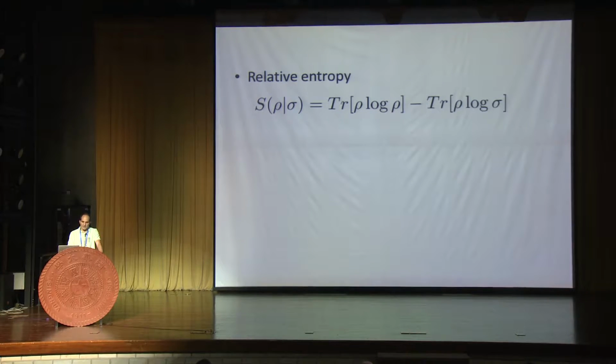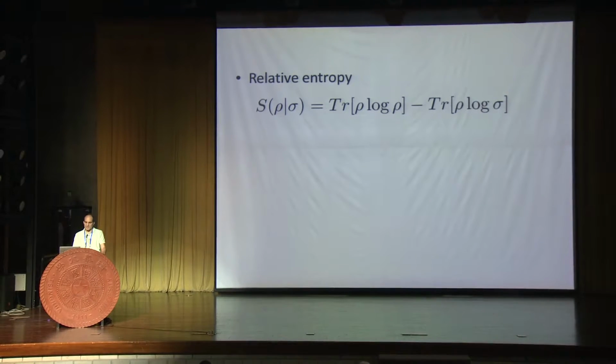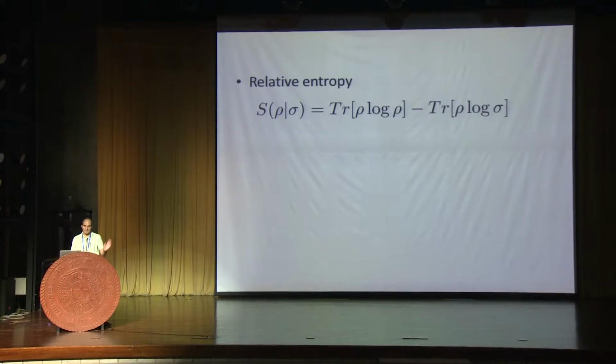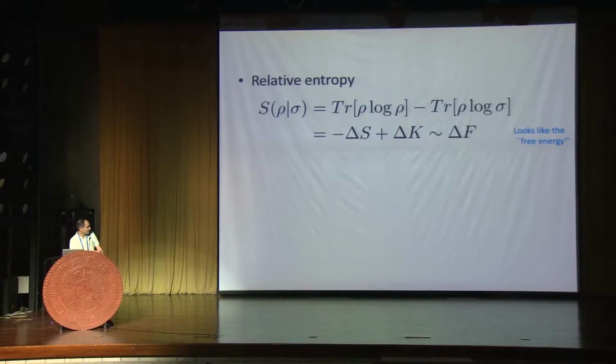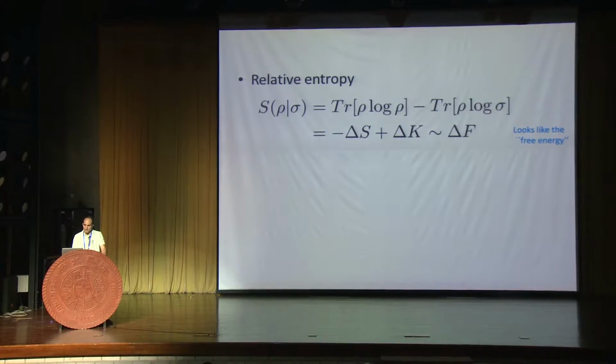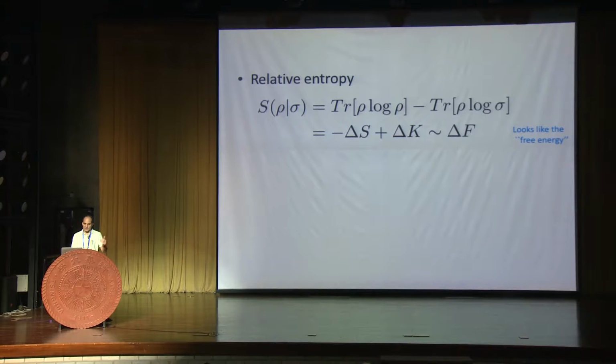So there is a concept called relative entropy. Given two density matrices, you can define the relative entropy by this formula here. If you think of sigma, in terms of the modular Hamiltonian of sigma, as an ordinary Hamiltonian, then this relative entropy is simply the difference in free energy between the state rho and the state sigma, where here the energy is given by the modular Hamiltonian.